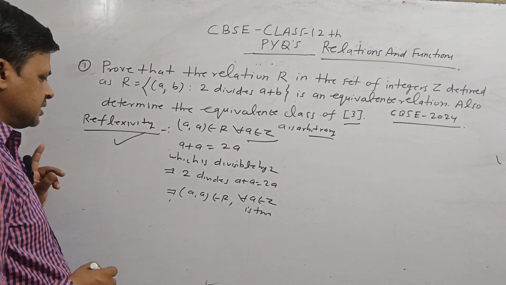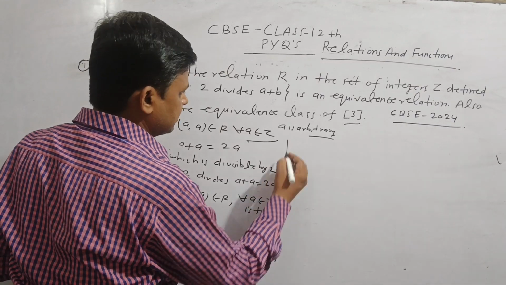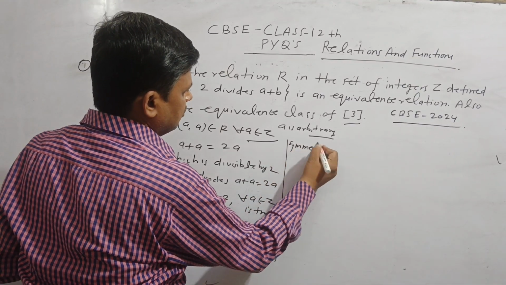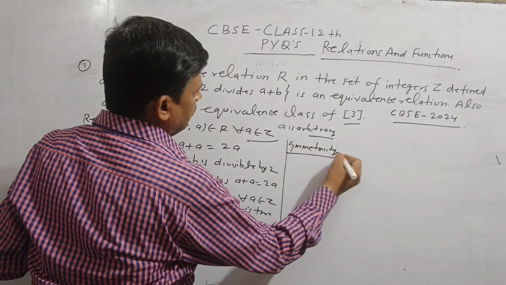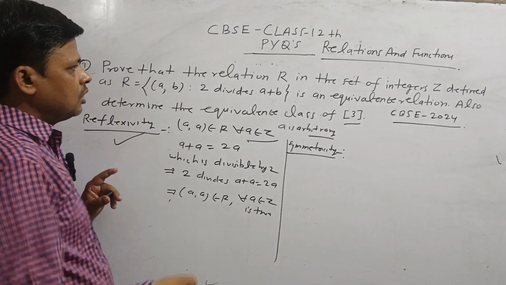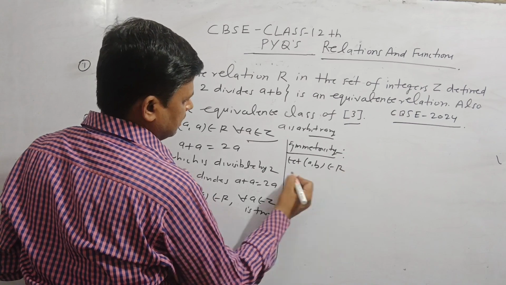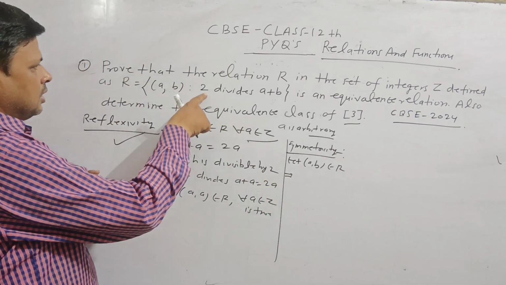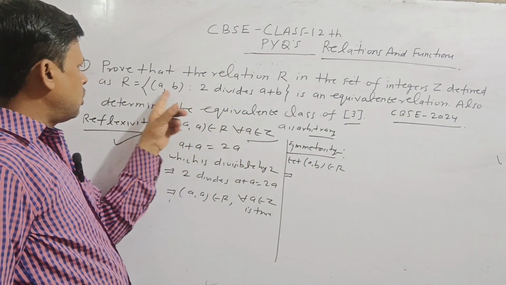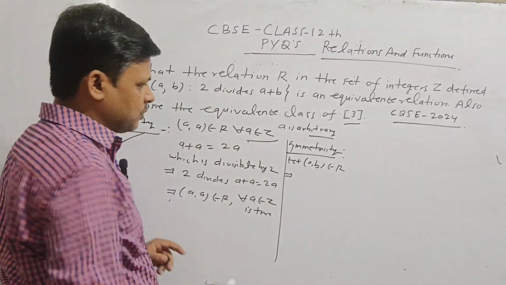What about the symmetricity? We will check whether this relation is symmetric or not. So let us consider that (a, b) belongs to R. That means 2 divides a plus b.